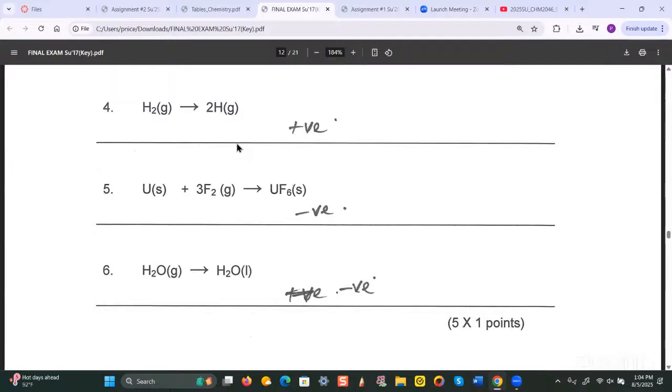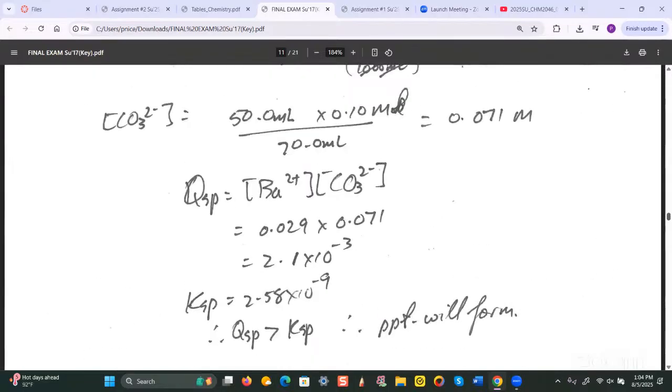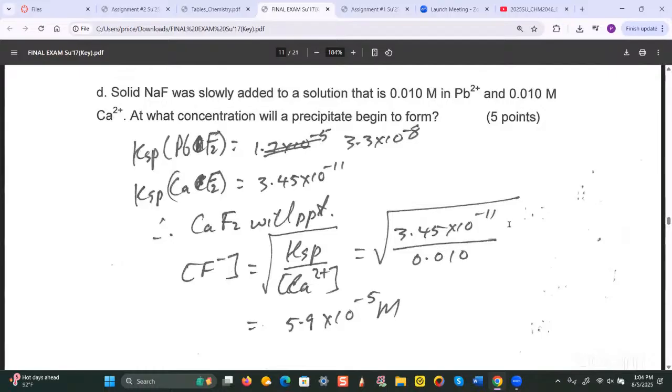Also, on page 11 of this assignment, could we do letter D? Okay, so in the case of D, and actually D is very similar to the question that I gave you in the test that I just gave you. In this case, you're adding sodium fluoride to a solution that is 0.010 M lead 2+, and actually this is more complicated, 0.010 M calcium 2+, right?